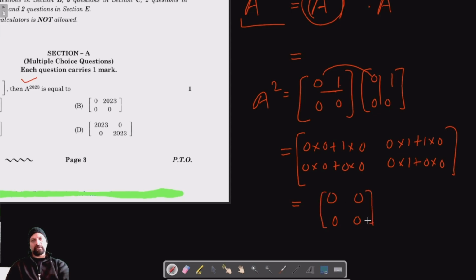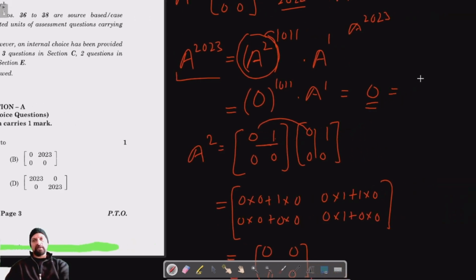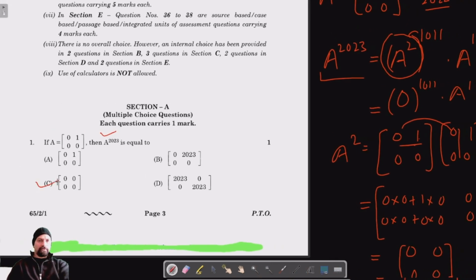So this is a zero matrix. If this is a zero matrix, raised to power 1011 will be 0, and eventually this will give me a zero matrix. So our answer is 0, 0, 0, 0, which is option C.